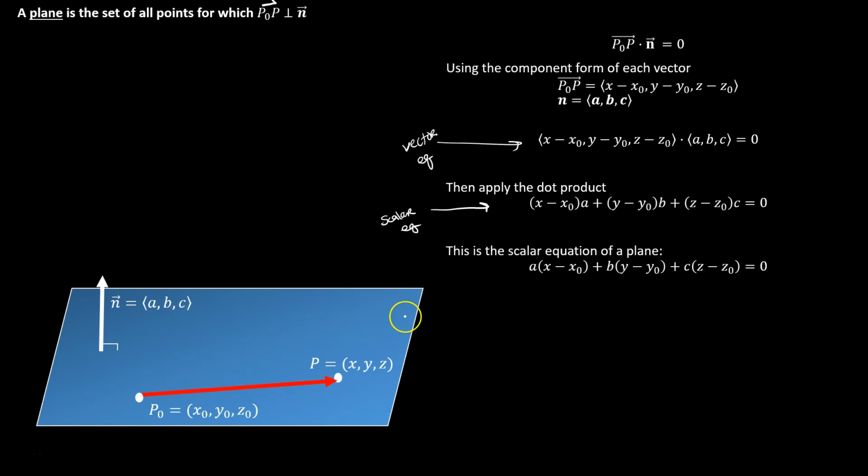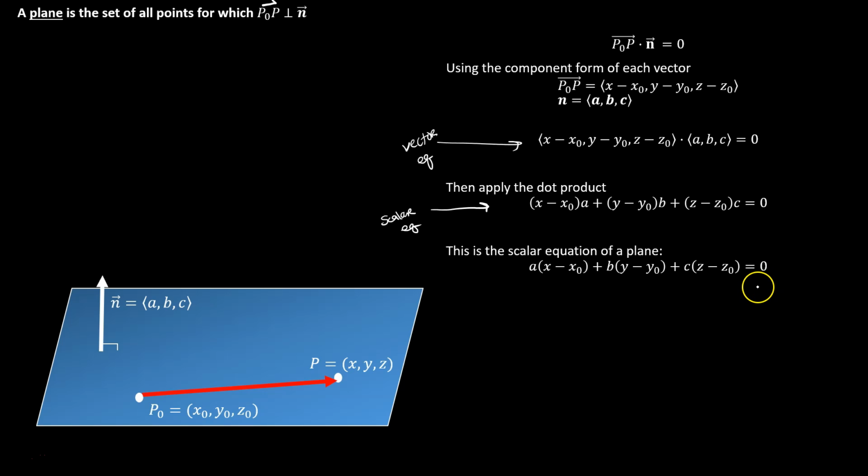And then we can plug those in. The components from the vector n become the coefficients, and then the point that we pick from the plane, we plug those coordinates into the x0, y0, z0. And technically, that's the scalar equation of a plane.